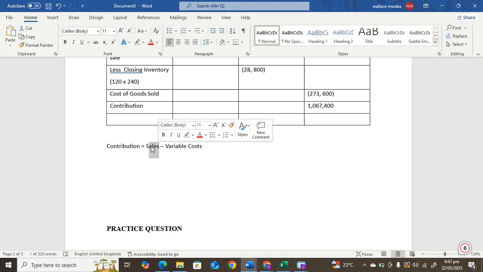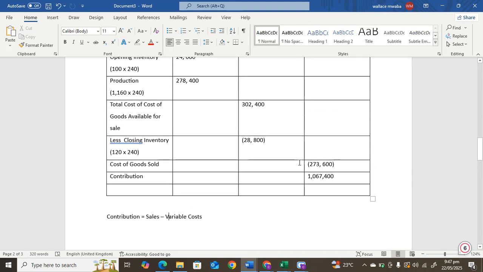But if you can increase your selling price, you can have a chance of increasing your contribution. Or if you reduce your variable costs, that can also be another way to increase your contribution. Or you can try to do both. But it's not easy because this is just theoretical, colleagues. In real life, it's not easy to just increase your selling price there and then.